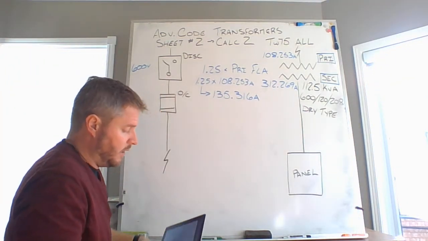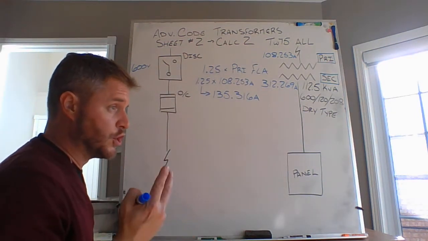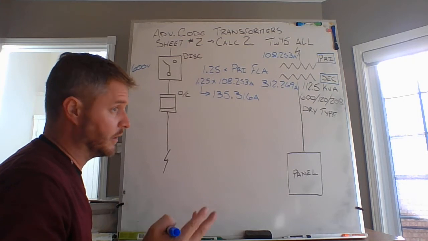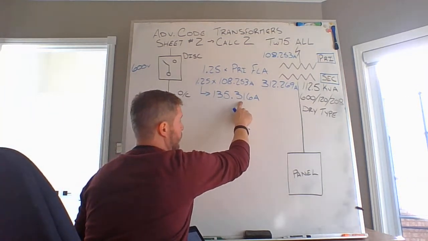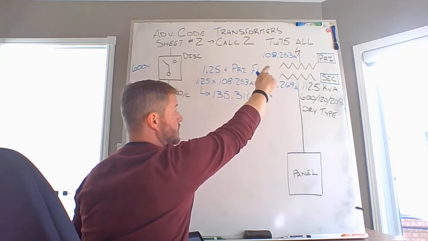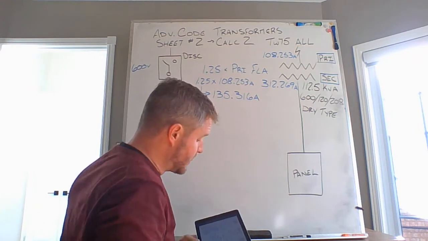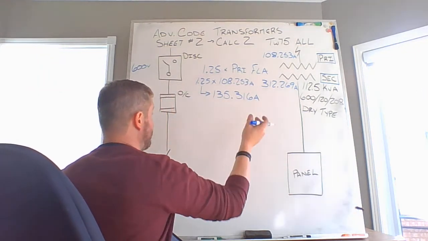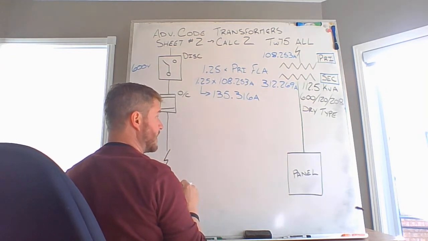Okay? Now, it's a little different from hermetic refrigerant motor compressors and a little different from motors as well. If I calculate 135.316, that's a non-continuous load, which means I'm already protecting my transformer with my conductors. So I'm going to size my conductors capable of handling the 135.316 amps.